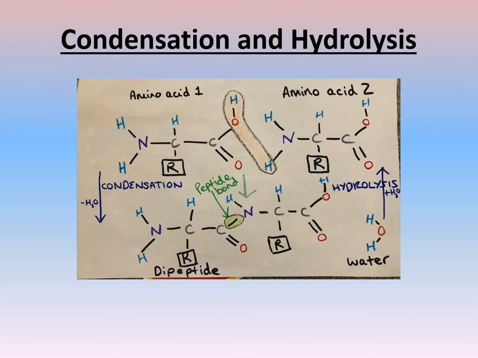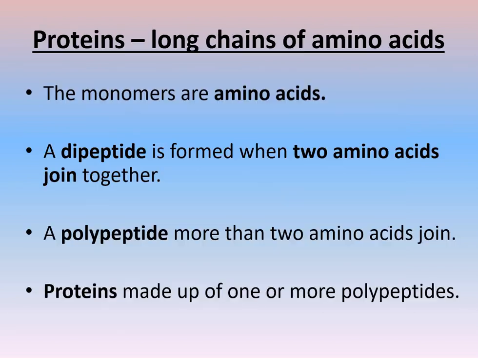You would add water by hydrolysis. And what would happen in that case is one of the H's from water would go back to the amine group, the OH would go back to the carboxyl group, and you would split it, because lysis means splitting, using water, hydrolysis. You would split that dipeptide back into its individual amino acids.